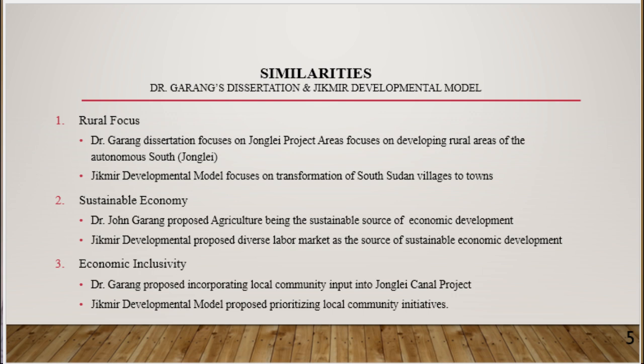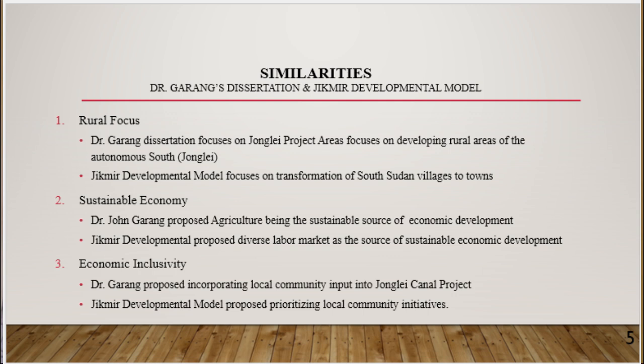And then the sustainable economy, also they share that approach, having a sustainable economy that can sustain itself. Dr. John Garang proposes that agriculture should be the backing of the economy, which is a sustainable source, right? Because anybody could grow it, and the land is fertile, right?